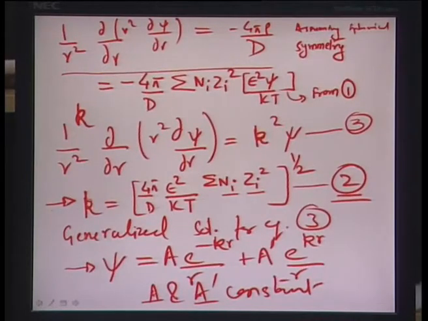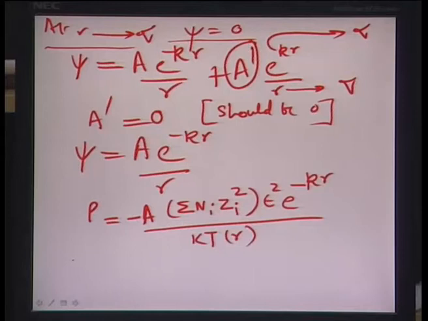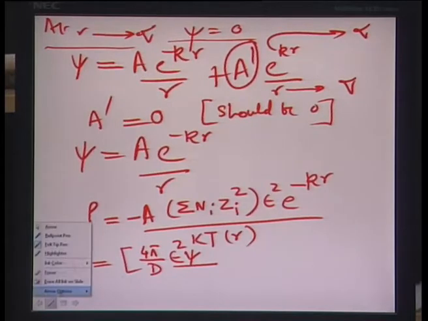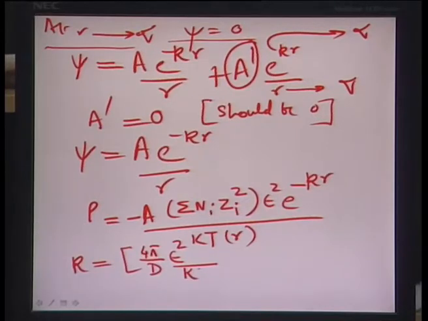From there we can easily get that k has been represented as k square equals epsilon square 4 pi by d Boltzmann constant k times t sigma n I z I square, to the power of half.